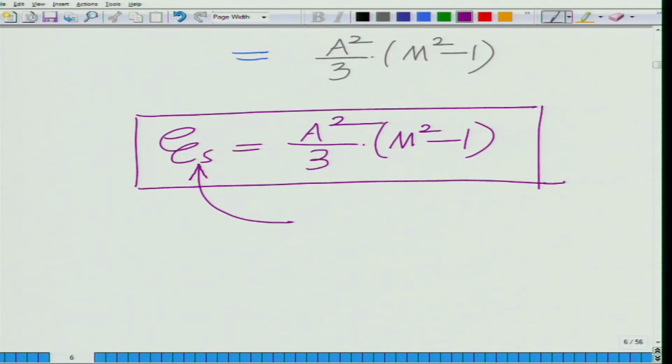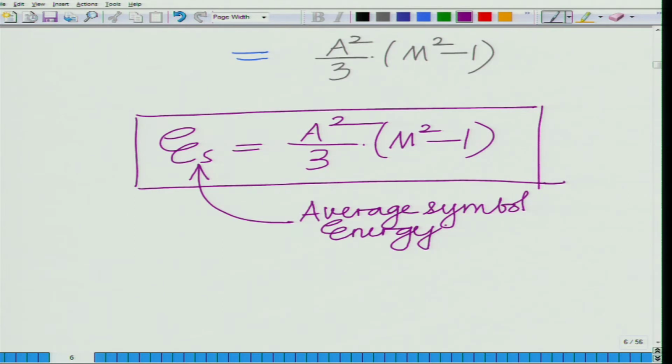So this is the average symbol energy, or you can also say average energy per symbol, and this is a function of a and M. Naturally, it depends on a, where 2a is the spacing. Now, we cannot say a is the amplitude, because there are several amplitudes: a, 3a, 5a, and so on. We can only characterize it by the spacing between successive levels, and the spacing is given by 2a. So this is a function of a, which is the spacing, and also M, which is the number of levels.